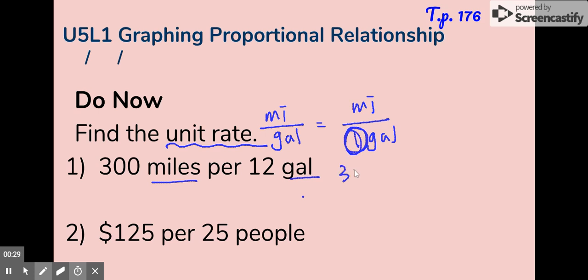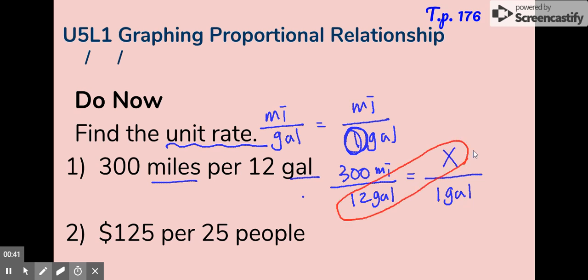So you compare 300 miles to 12 gallons. And you're going to change to 1 gallon and find how many miles. We learned about cross multiplication. I'm going to write 12x is equal to 300 times 1 gallon, which is 300. And now you're going to divide by 12, divided by 12.